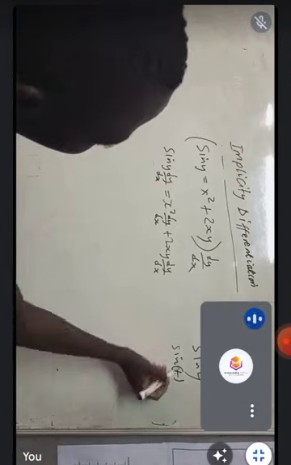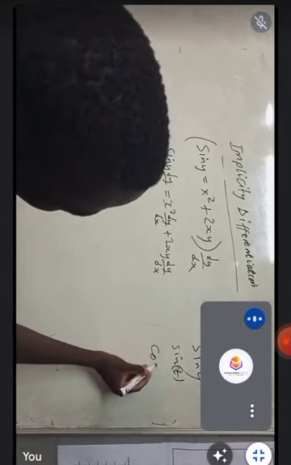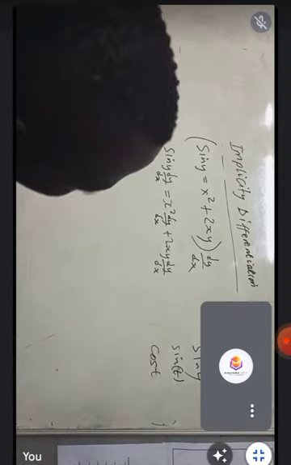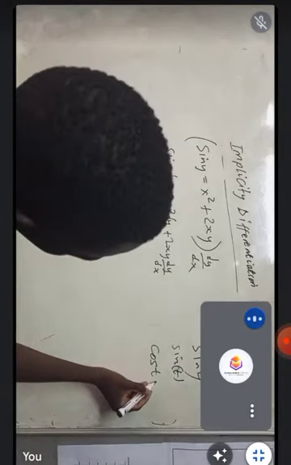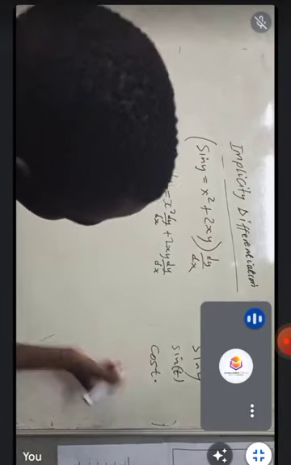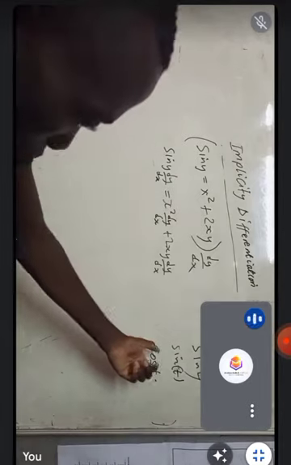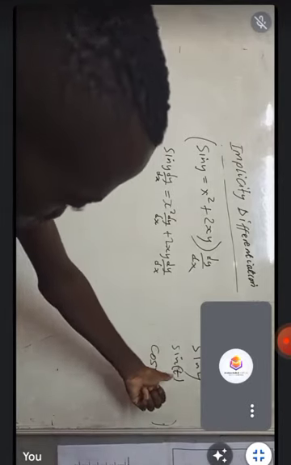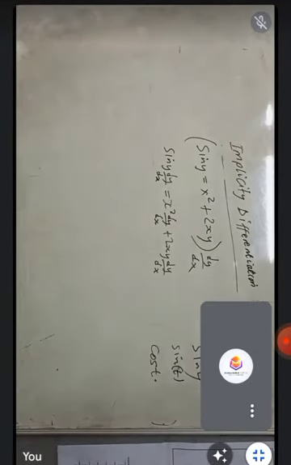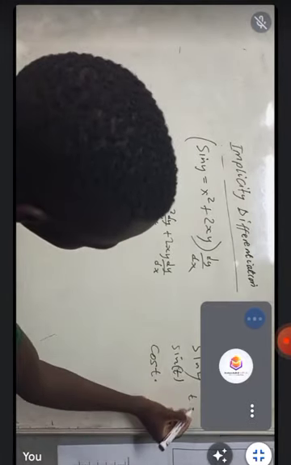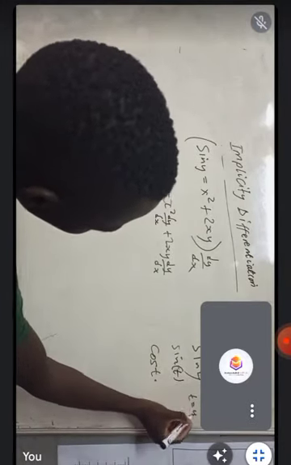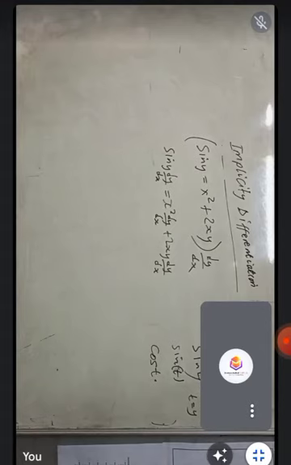So this is going to be cos t. Then you are going to multiply by the differential of t. In this case, our t is equal to y. Are you getting what I'm saying here?